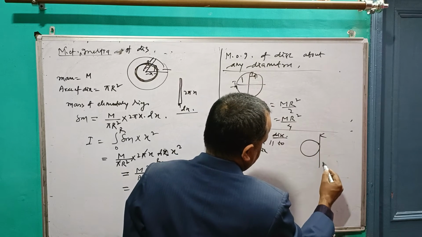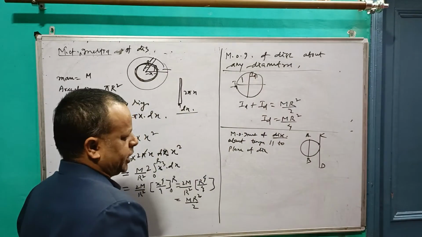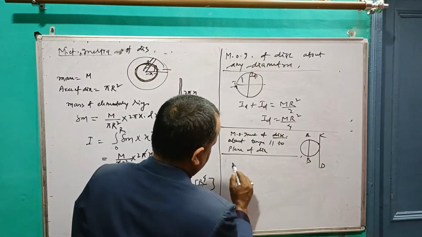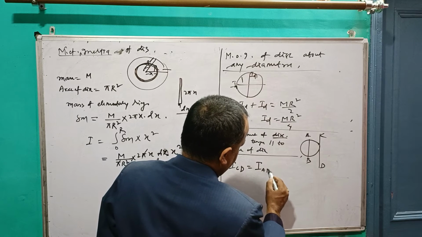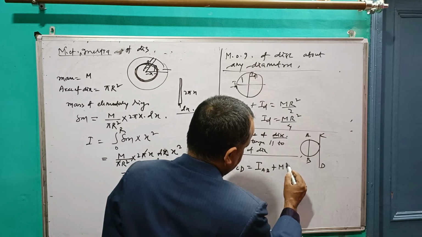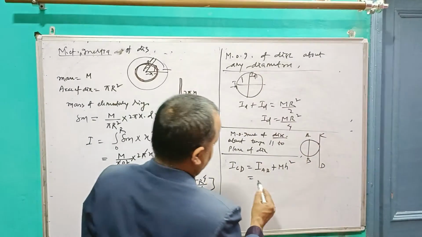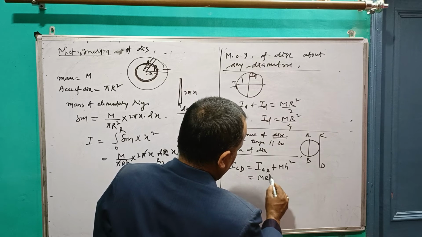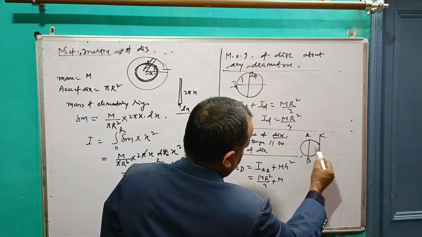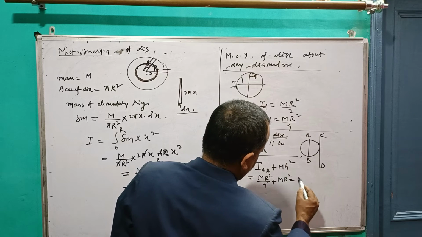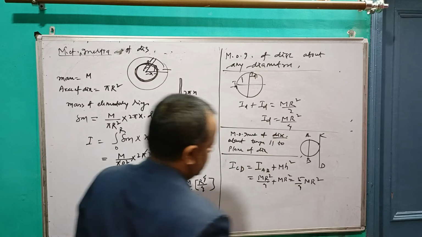Let us suppose this is CD, and this is AB, one of the diameters. Let us suppose we have to calculate the moment of inertia along the CD. That will be equivalent to the moment of inertia along the AB plus m h square. We know the moment of inertia about any diameter is m r square by 4, plus m, h is r, so m r square. So this is going to be 5 by 4 m r square.